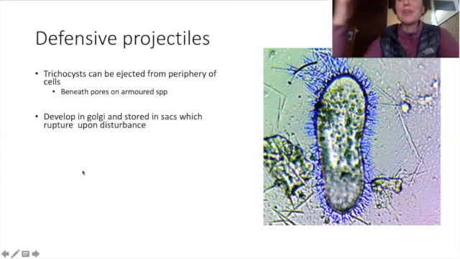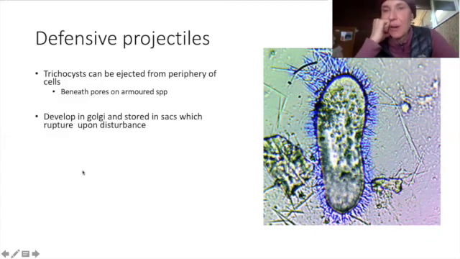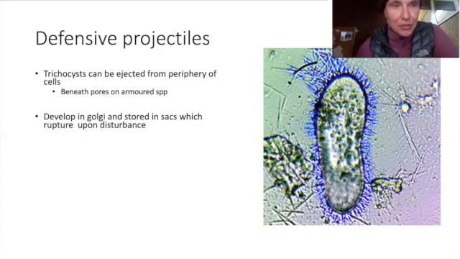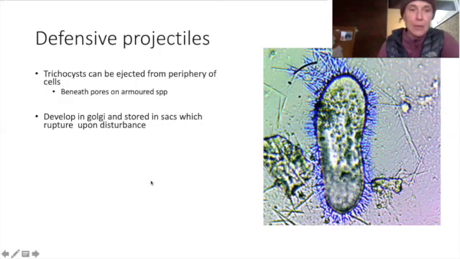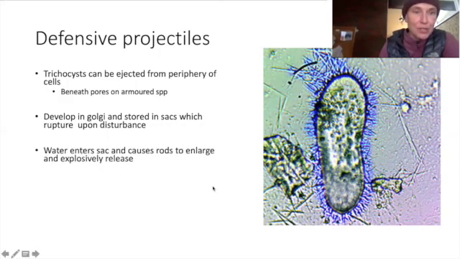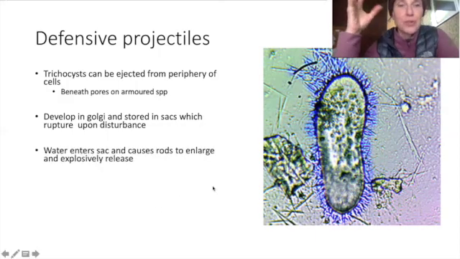But you think, how could an organism make such a defensive, sharp projectile and not destroy its internal structures? Well, they're developed in the Golgi, and they're stored in sacs which rupture on disturbance. So these Golgi protect them from the organism itself until they're attacked or there's some kind of damage, at which point they rupture and they're ejected through these pores.